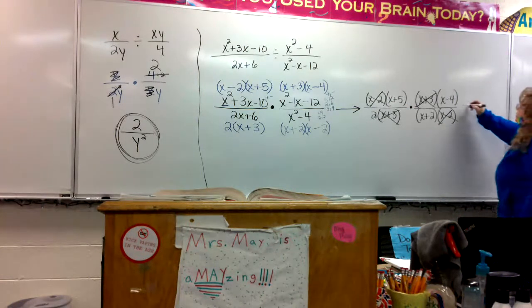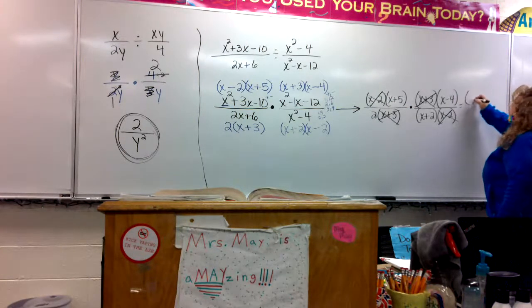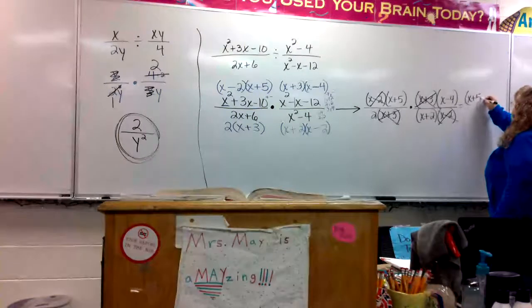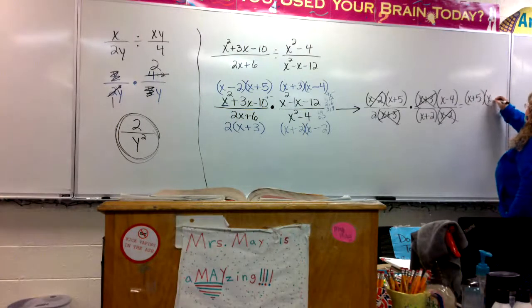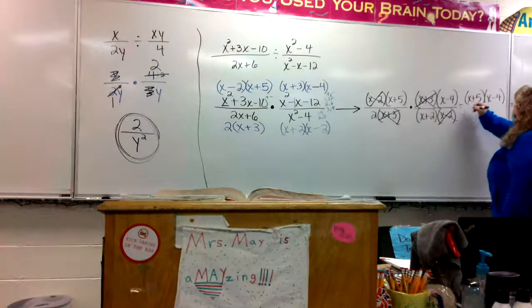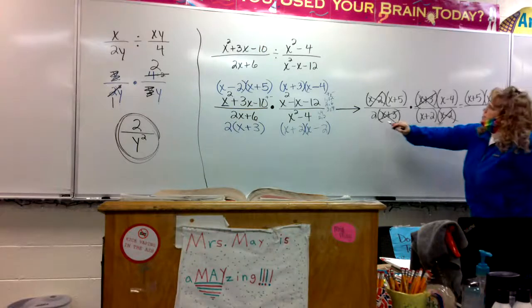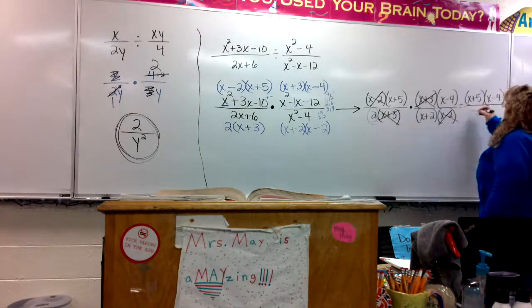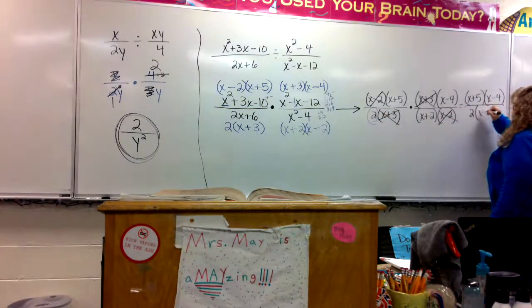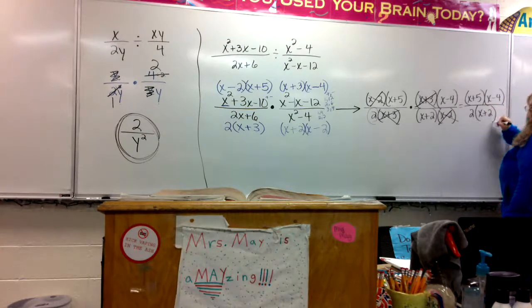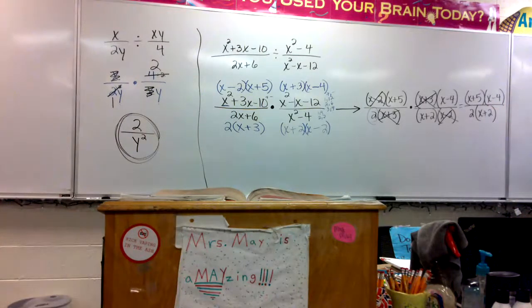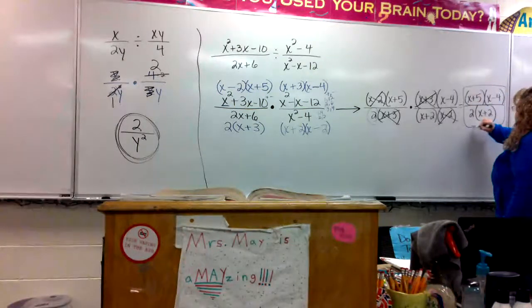I don't think so. So I think that I would just leave it like this. x plus 5, x minus 4 left on top, and on bottom, don't forget about that 2 over there. I have a 2 and an x plus 2. That's what I have.